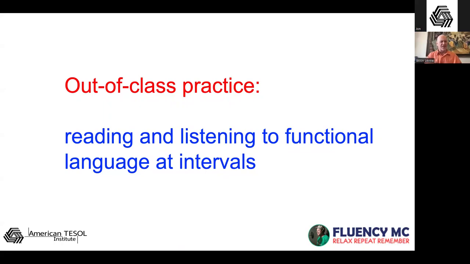So maybe start thinking right now, while I'm talking, what are some natural things we do while we read and listen at the same time? Because that's doing that outside of class and inside of class too. But remember, the difference is practice means repetition. In the classroom, this is the time where you're doing communicative activities.